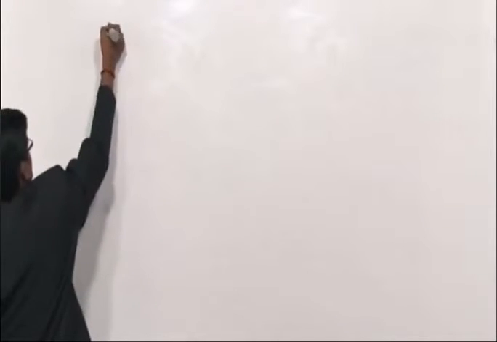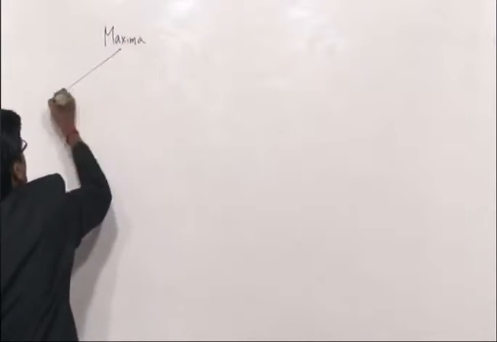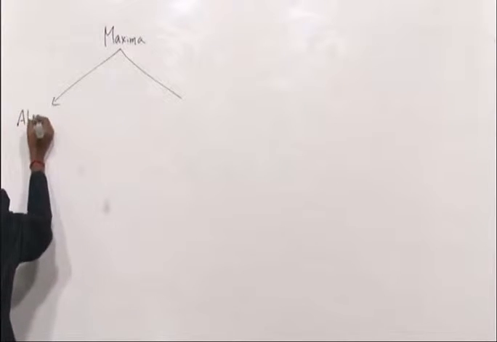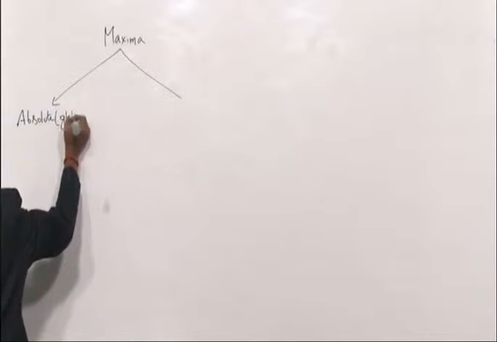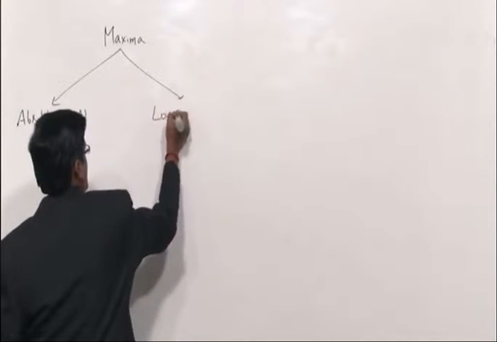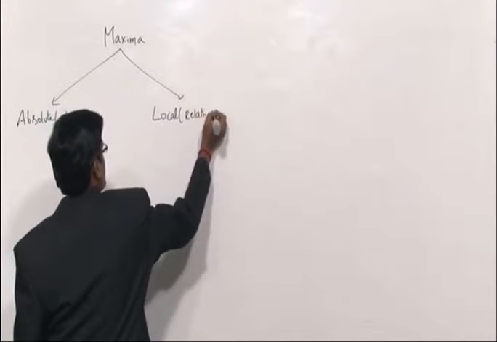Next. So two types of maxima and minima. The first one is absolute, other name is global. Absolute is also called global. Second type is local, which is also called relative.